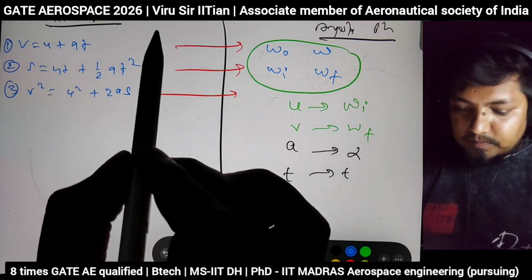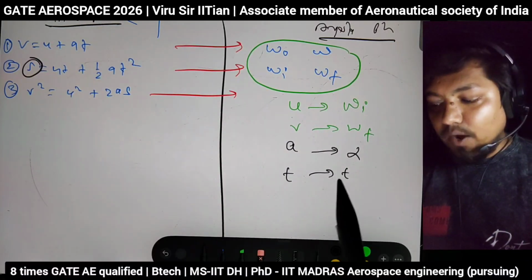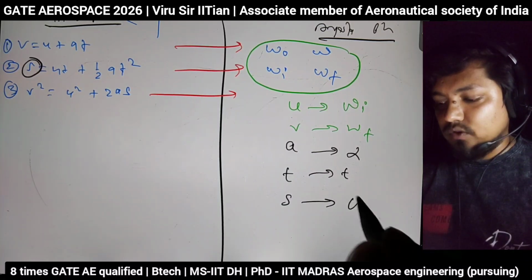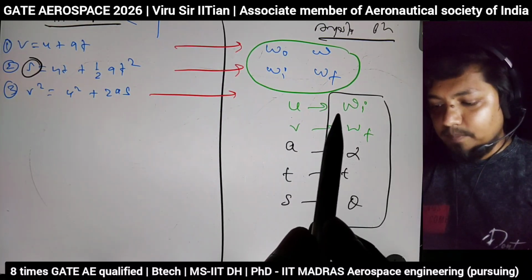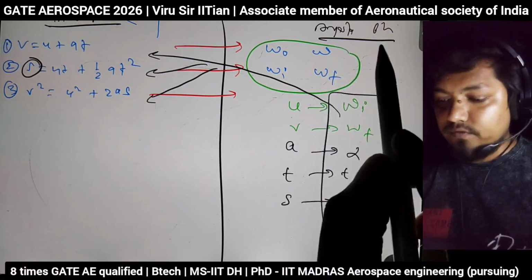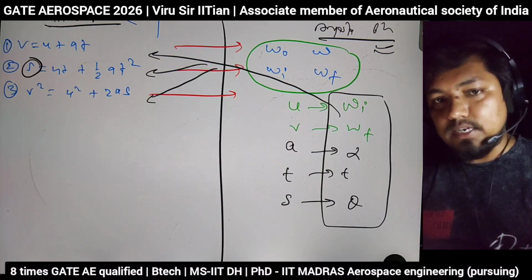But in linear physics you travel distance, in angular physics you travel angle, so your s will become theta. Substitute these five here in these relations, you will be getting your relation of angular physics, motion equation you will be getting in angular physics.